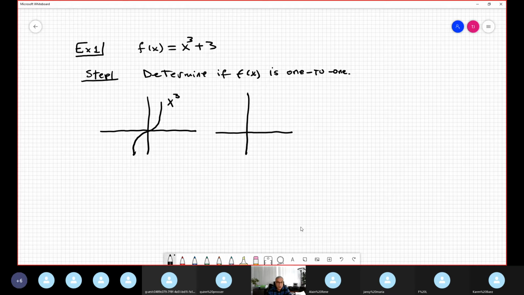It's a vertical shift 3 units up. 1, 2, 3. So at that point, que normally is (0, 0), now is (0, 3). And this is the x cubed plus 3, no? And when you apply the horizontal line test, es obvio que pasa. Crossing only one point. Entonces the answer is yes. And we start the problem.